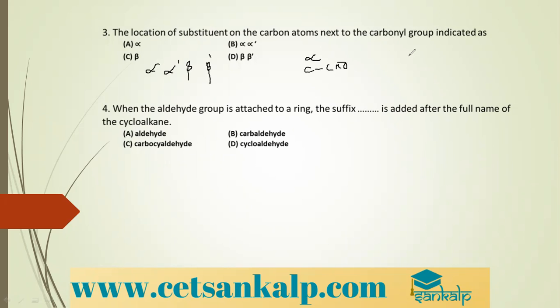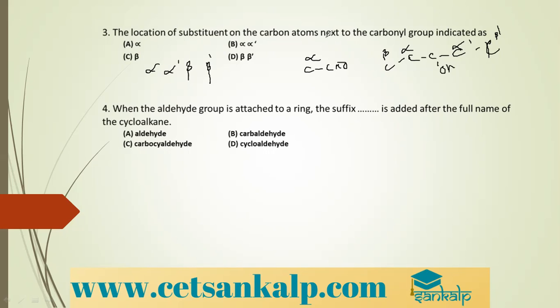If the carbon is on the opposite side, then this becomes alpha prime, and if there is one more carbon, this becomes beta, and this beta prime. These are nothing but the Greek letters, beginning with the carbon atoms next to the carbonyl group.